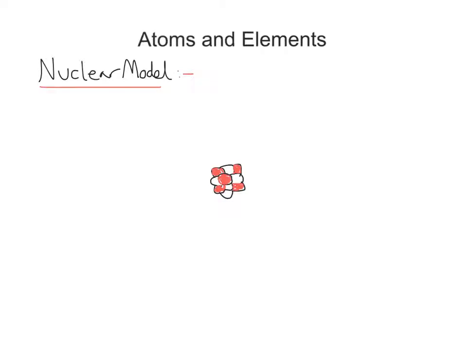So this central region of an atom is known as the nucleus, and it's found right in the middle. So right in the middle of the atom is the nucleus. Now these red and, if I call them white, circles that I've drawn represent what the nucleus is comprised of.